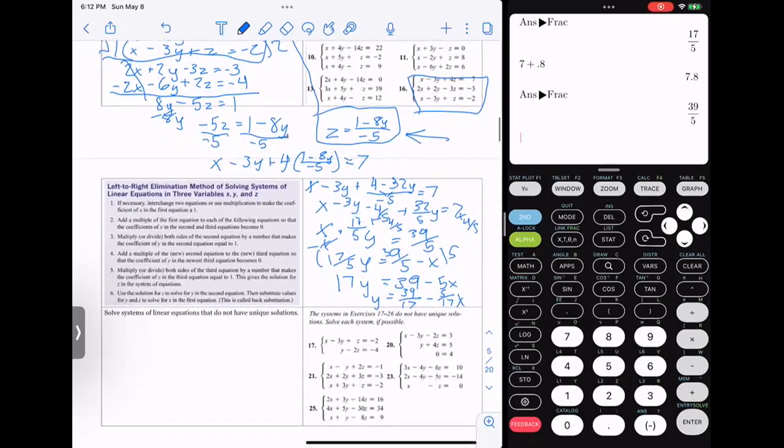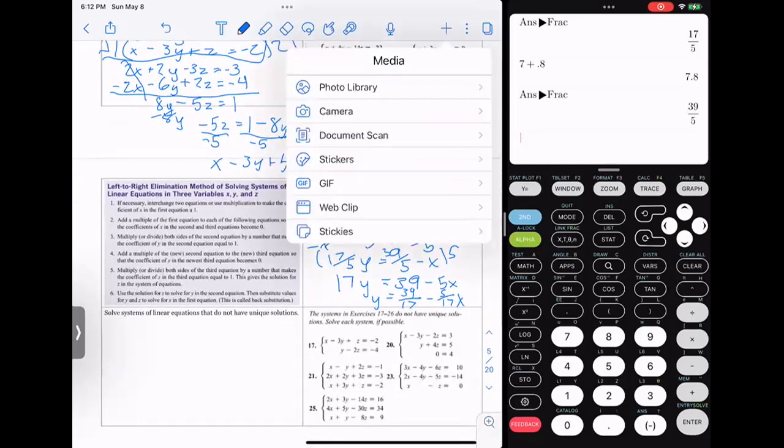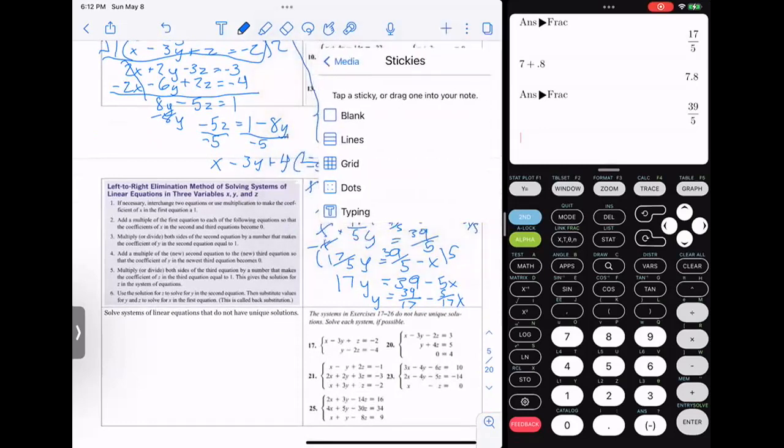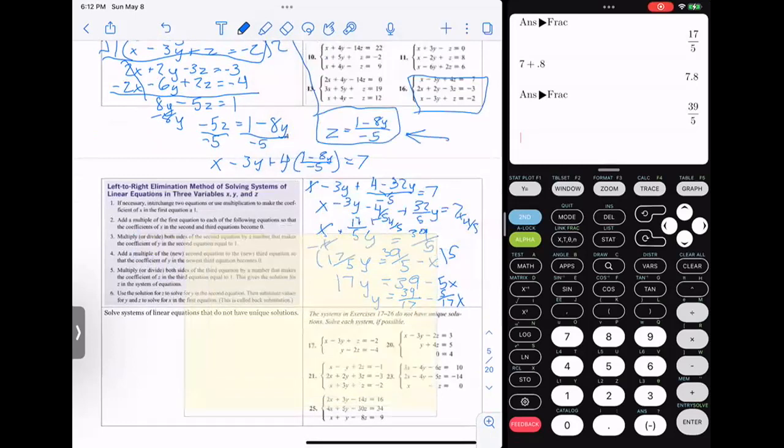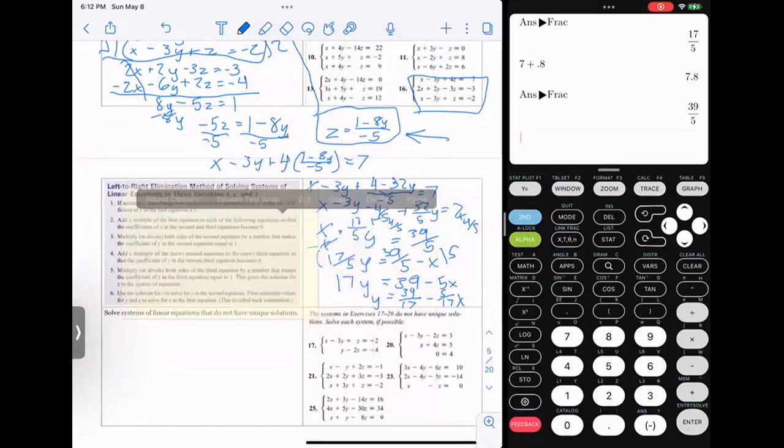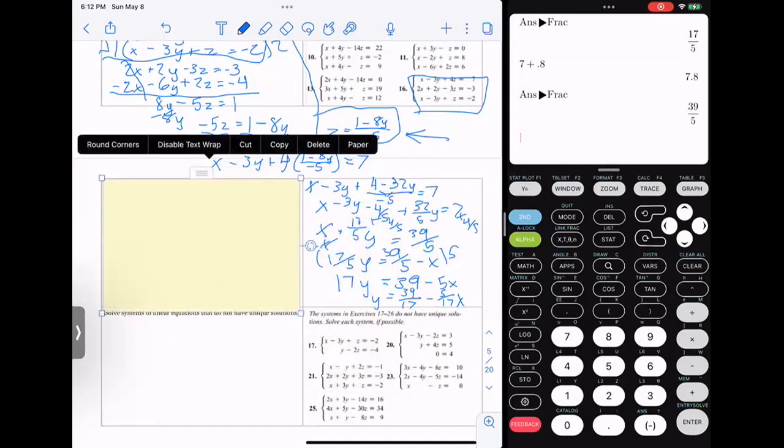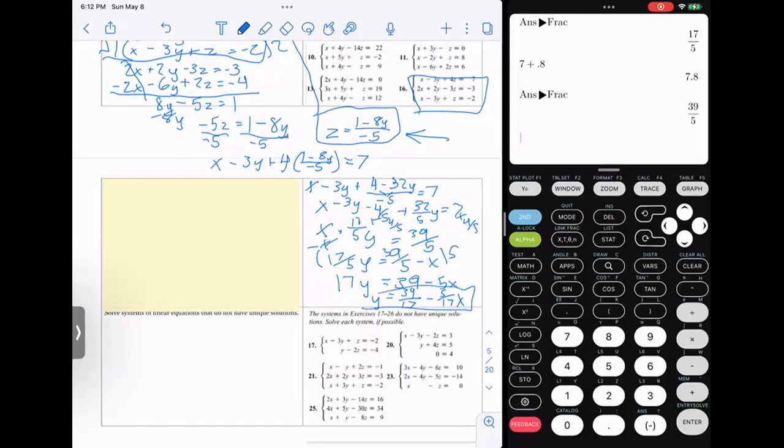And I'm actually going to pull this next part into a new sticky note here. See if I can get that scaled right. All right. So then we want to plug this y back to find our z.